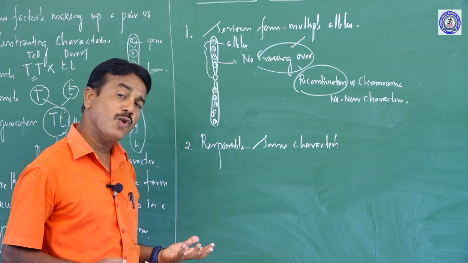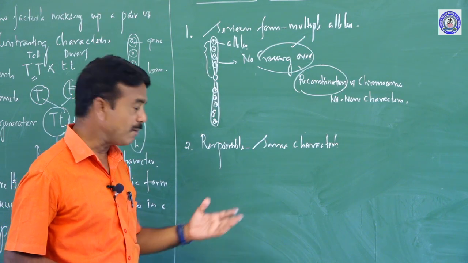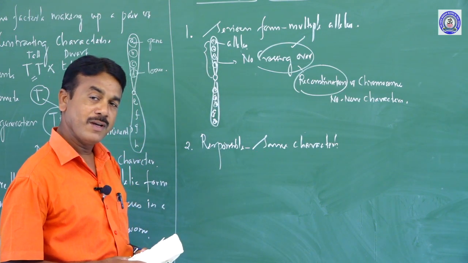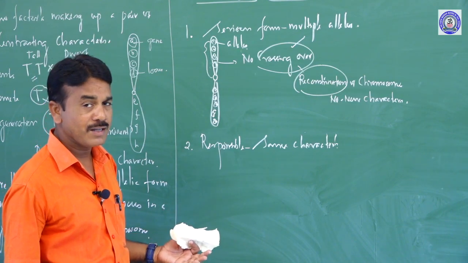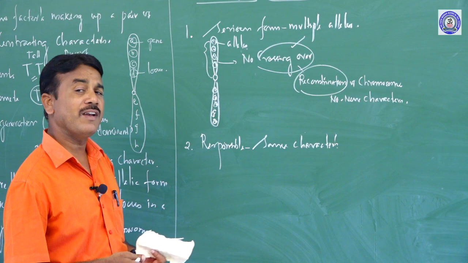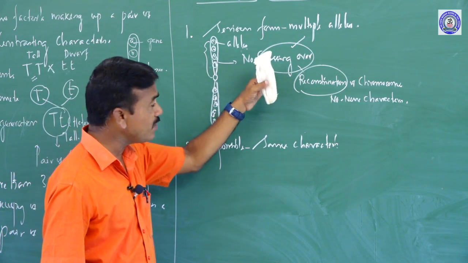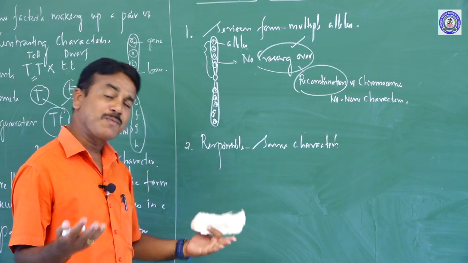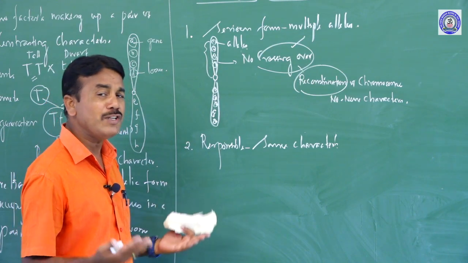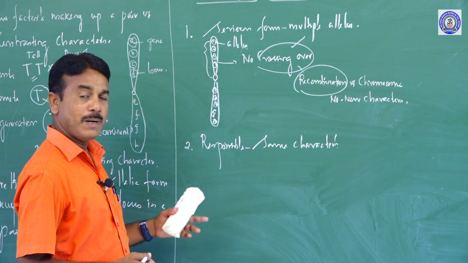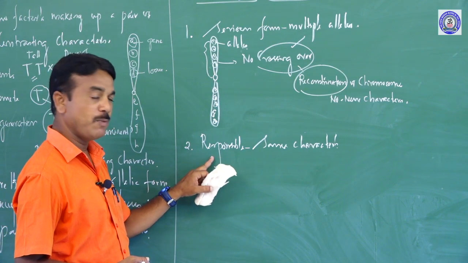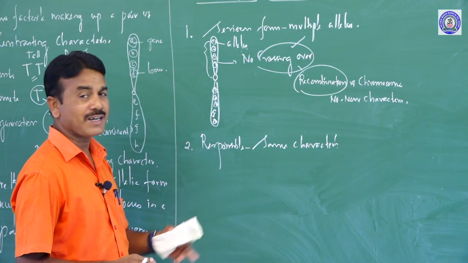All the alleles look the same, so they produce the same character. How could they produce a different character? Because if the series of multiple alleles is occurring, there is no crossing over, and due to the absence of crossing over, no new character is produced. So the second point: multiple alleles are responsible for producing the same characteristic feature.